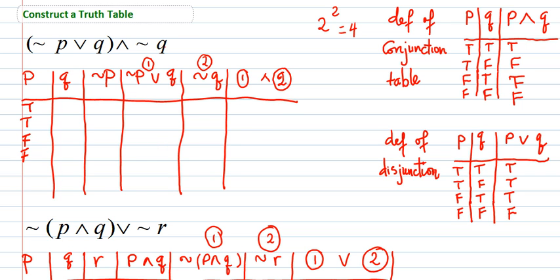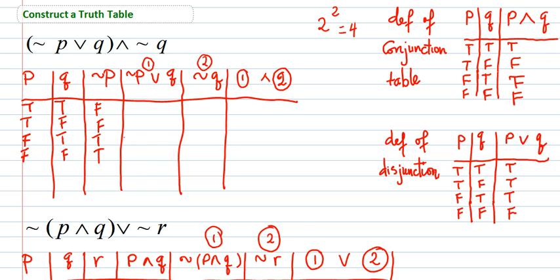Okay, so let's continue our truth table. Q rotates: true, false, true, false. Not P will be false, false, true, true, because not true is false and not false is true.